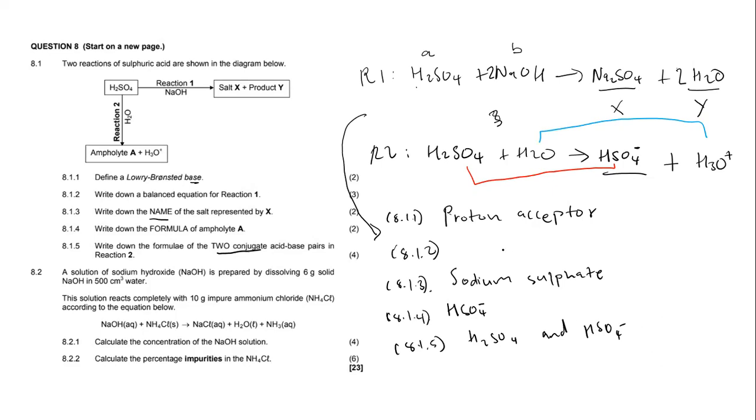This for 2 marks and 2 marks for the other one. So another one is going to be H2O and H3O plus ions. So you get your 4 marks from this computation. They just wanted you to write down the formulae of 2 conjugate acid-base pairs.